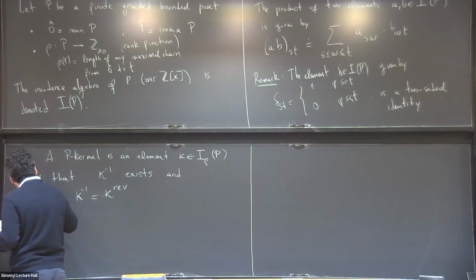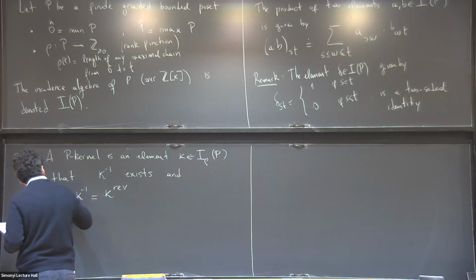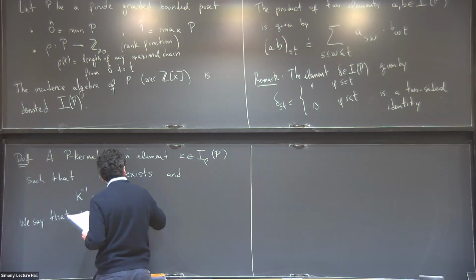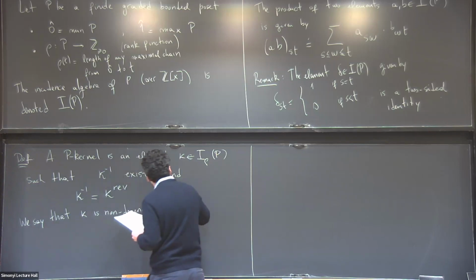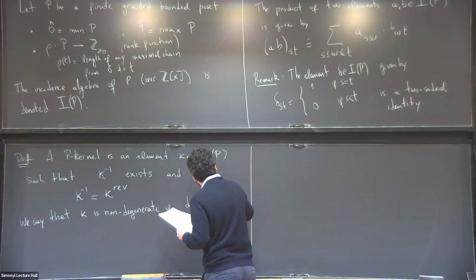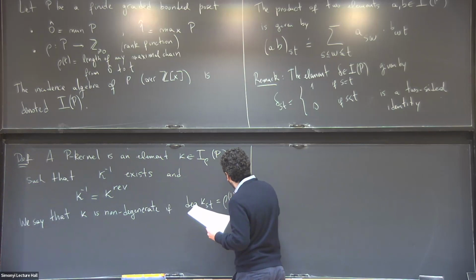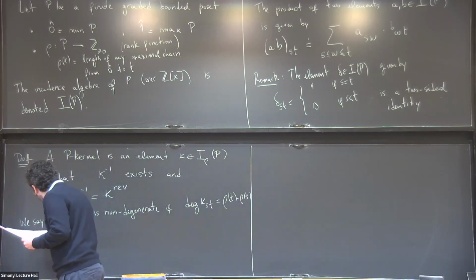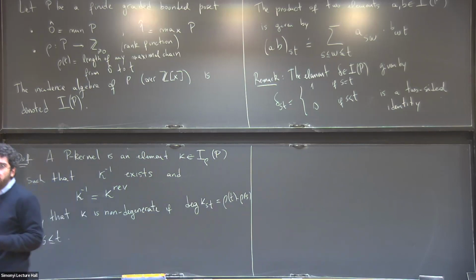We say that kappa is non-degenerate if the degree of kappa st is equal to rho t minus rho s for all s smaller than or equal to t.